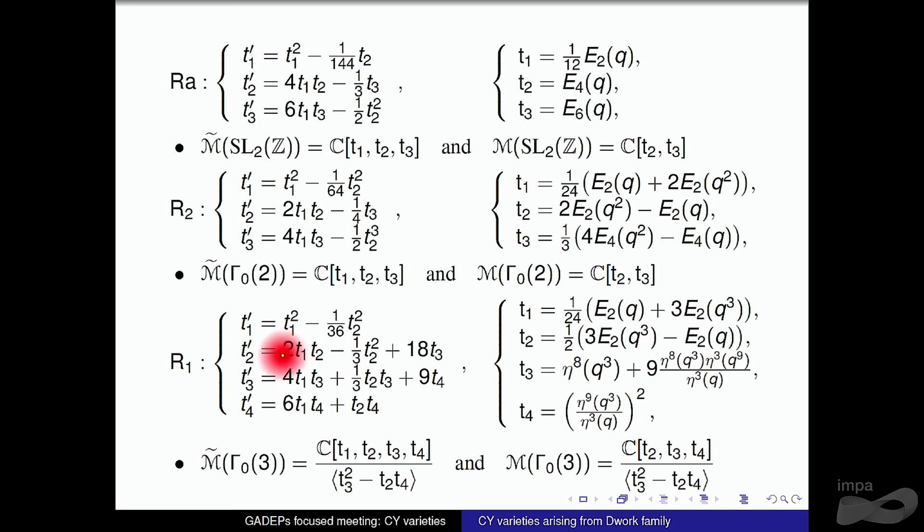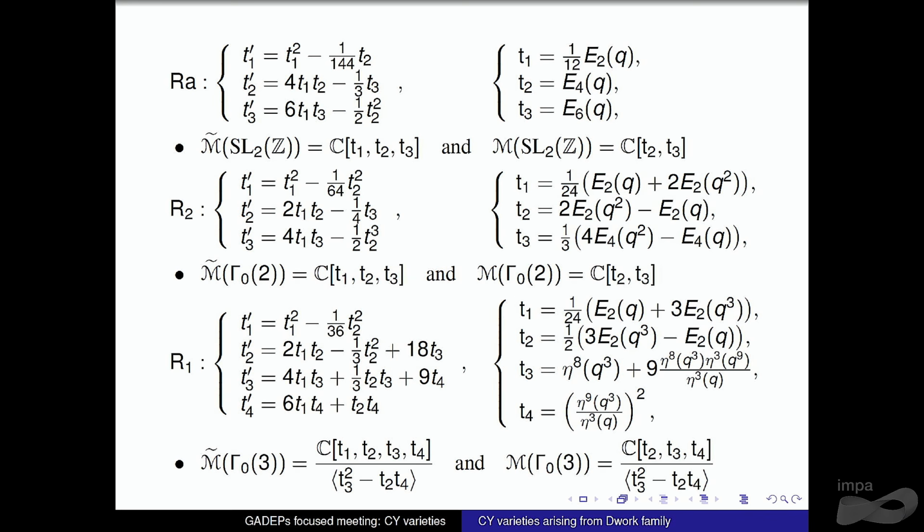So you can see the numbers here. T1 in all of them is a quasi-modular form of weight 2, and the coefficient that appears here is 1 in all of them. So this is another point in common.